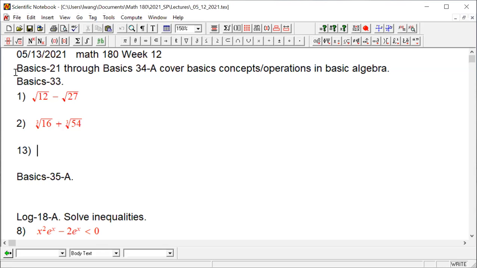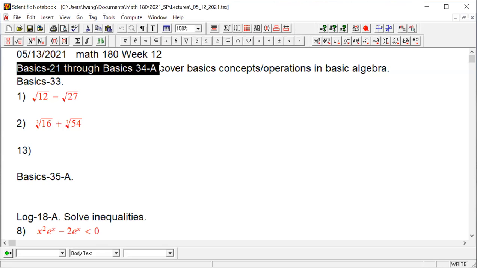So the topics we talk about here, basic 21 through 34A, those are typical Math 80 contents, typical intermediate algebra, college algebra contents. But because now you can choose classes without having to respect prerequisites, sometimes you might have skipped classes you shouldn't have, which is fine. That's your right. But you might struggle with some of these gaps. You may or may not know.